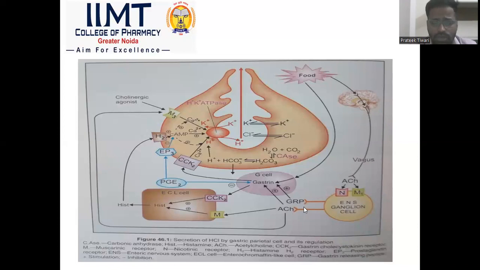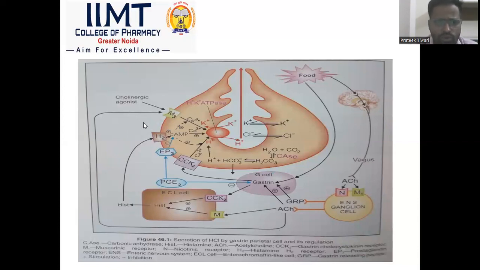This GRP binds to the G cell and the release of gastrin takes place. Gastrin binds to the muscarinic receptor of histamine, and ACh also binds to the M3 receptor present on the membrane.